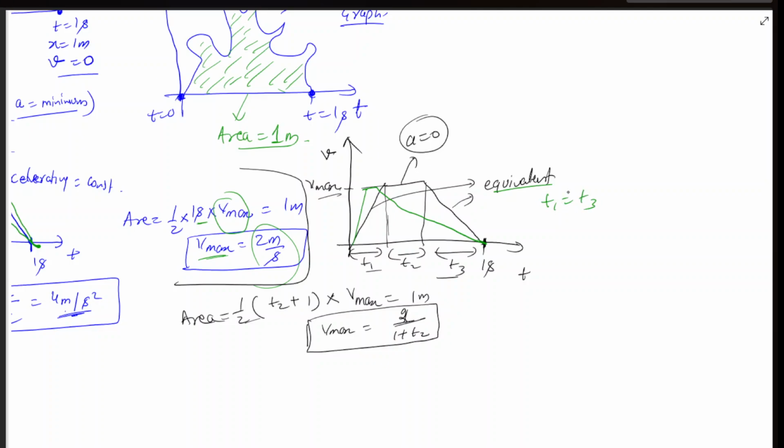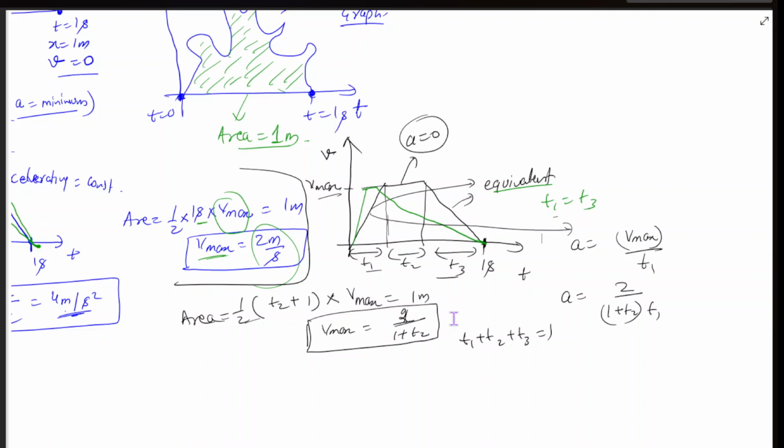What will happen now? Yes, tell me. So T1 equal to T3, then the acceleration of this slope will be Vmax divided by T1, right? So acceleration will be 2 upon 1 plus t2 into t1. Now I'm eliminating some of these terms. So what we have is t1 plus t2 plus t3 is 1 and t1 is equal to t3.